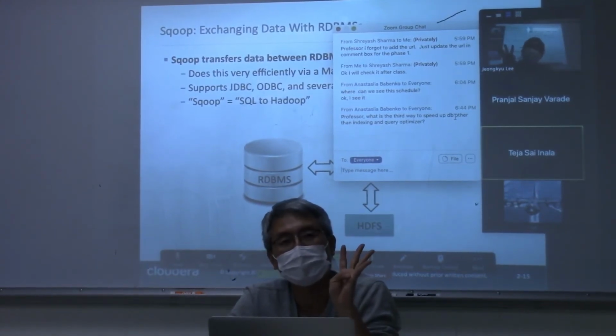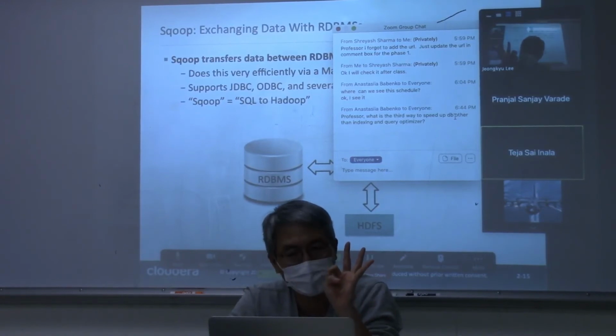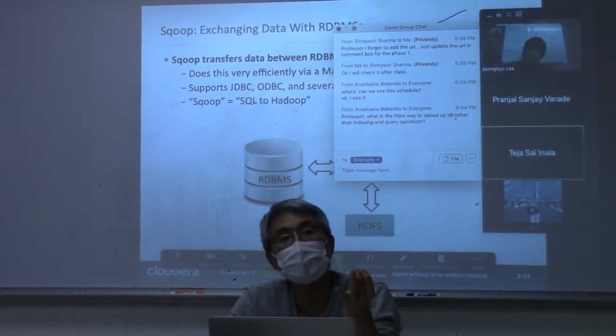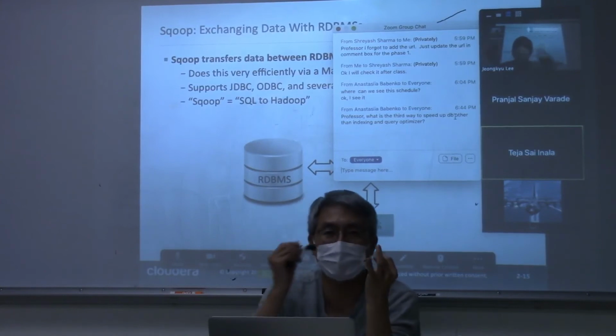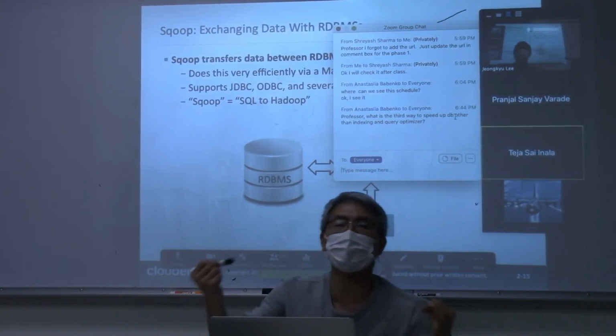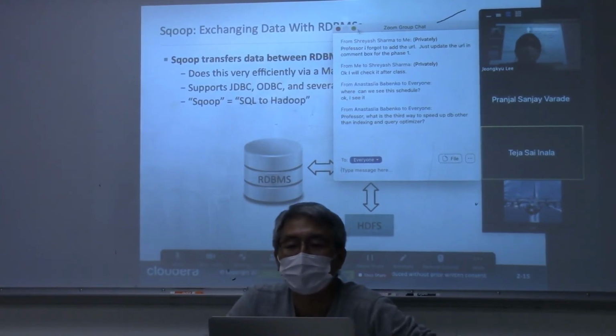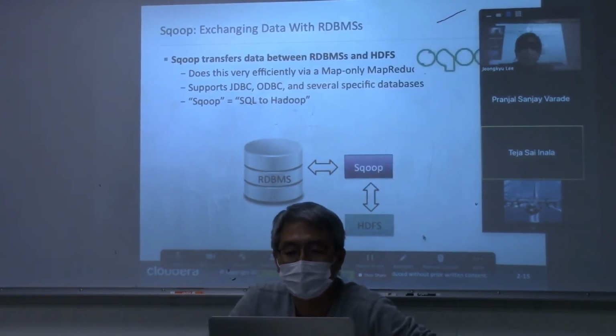Second is query optimizer, query processing. Third one, you can use the index. Such an index is not available in the Hadoop system. To address that, we have HBase. HBase supports indexing. Okay, that's the answer. Then move to next.